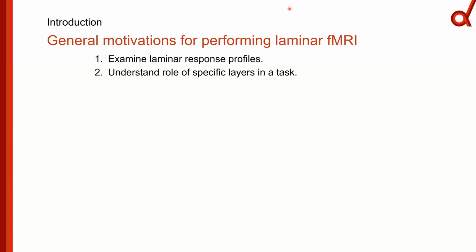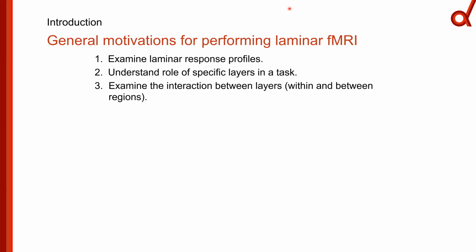And if we're fortunate, we may even be able to see on some occasions the role of a specific layer in a task. But we can also hope ultimately to examine the interaction between layers, and that can be within a single region or with another region. And I think people even in the 1990s were realizing that this kind of study had a great potential for fMRI.